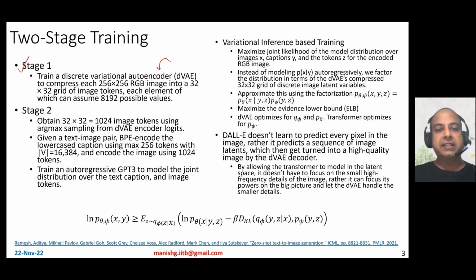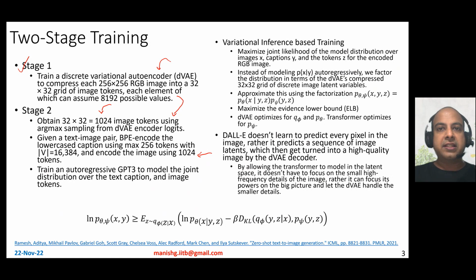The second stage essentially takes the 32 cross 32, that is 1024 image tokens from the first stage, or the dVAE, the discrete VAE encoder, by using argmax sampling. Then given the text and image pair, you byte pair encode the lowercase caption, maximum 256 text tokens, and then you combine it with your 1024 image tokens so as to overall get the input for learning a multimodal autoregressive model, right?